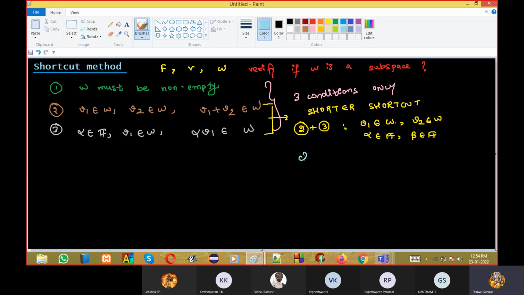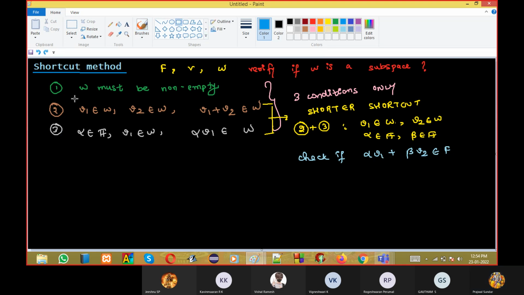Now just check if alpha V1 plus beta V2 belongs to W. If you are not understanding this, not a problem. You can check the 3 conditions, or combine 2 and 3 into a combined condition like this.